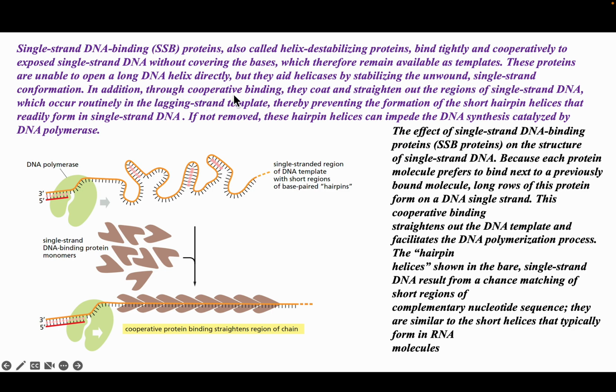In addition, through cooperative binding, they coat and straighten out the regions of single strand DNA which occur routinely in the lagging strand template, thereby preventing the formation of the short hairpin helices that readily form in single strand DNA. If not removed, these hairpin helices can impede the DNA synthesis catalyzed by DNA polymerase.